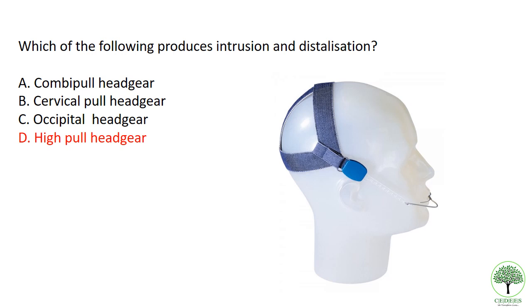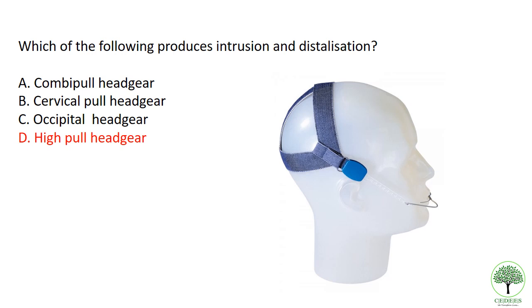Now if you look at headgears, they're classified based on the region from which they derive anchorage, and they're also associated with a certain amount of effects both skeletally and dentally that contribute to addressing a particular issue in a clinical scenario. So high pull headgears are often indicated in patients with vertical maxillary excess or a patient presenting with a long vertical facial height.